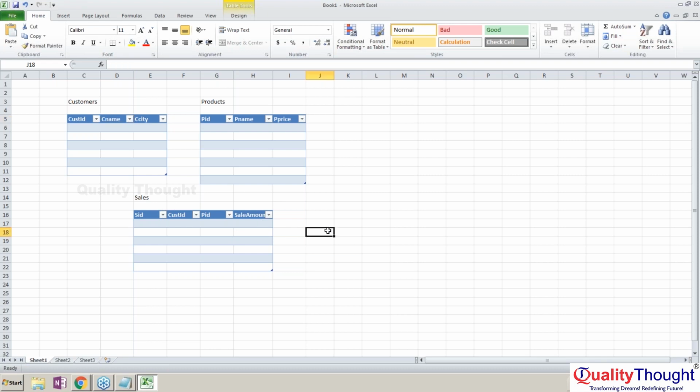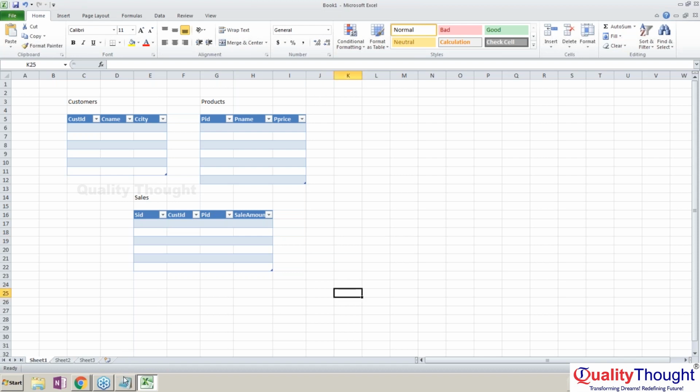Hence we do not use the character type of column. Instead, we will use the numeric type of column. It is better and an efficient use of storage.